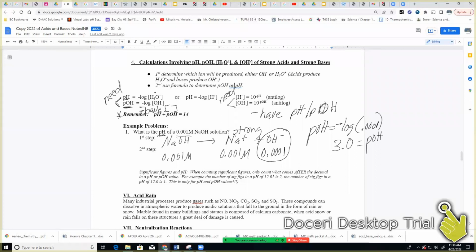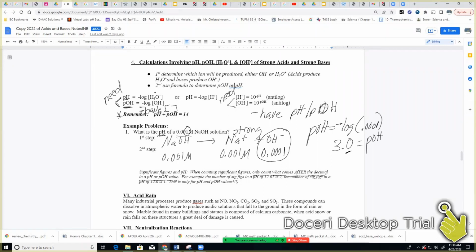So for significant figures in pH and pOH, the numbers behind the decimal are the only ones that count as being significant. So in other words, this was 1 sig fig, just like we've always been doing. So when I got my answer, I needed to have one place behind the decimal, so it would have 1 sig fig too.